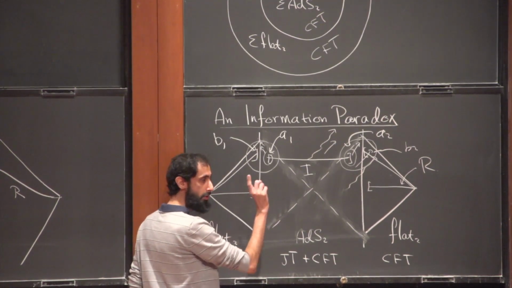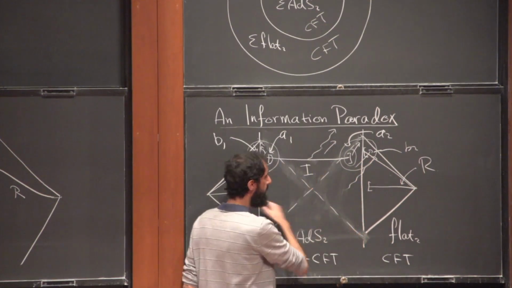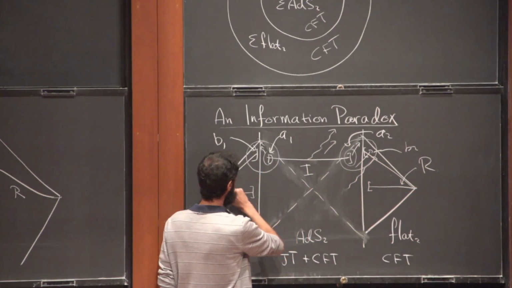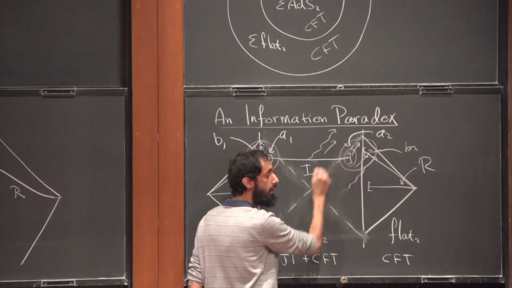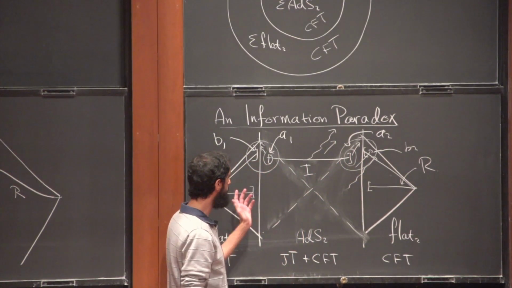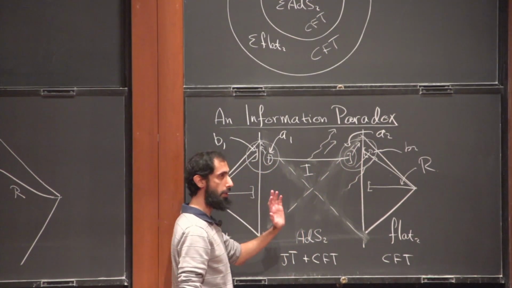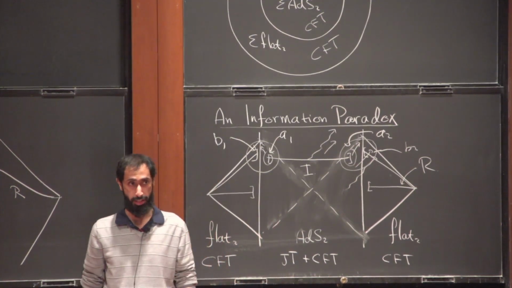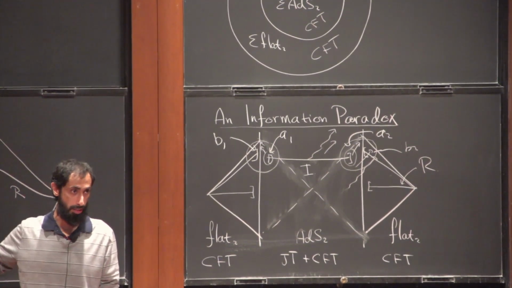We were computing first the entropy of the union of this region and this region. But because we have a global pure state here, that entropy is the same as the entropy of this region plus the entropy of this region. Yeah, so sorry. Those two factorize. Exactly. Those two factorize because of the OPE argument. And this means that the extremization procedure factorizes as well.